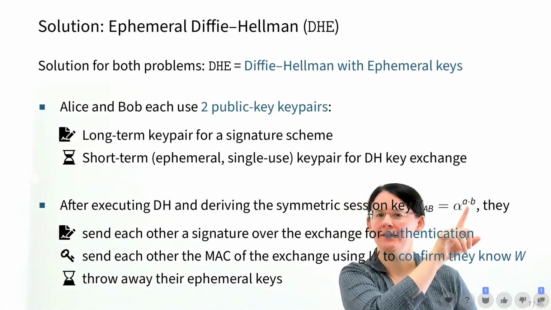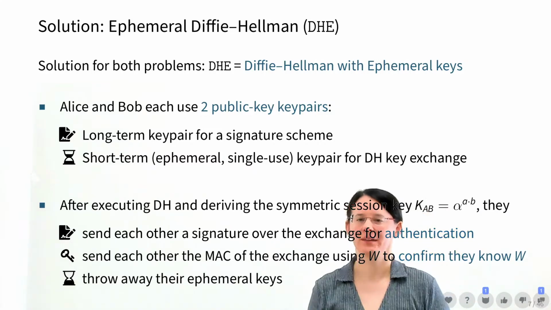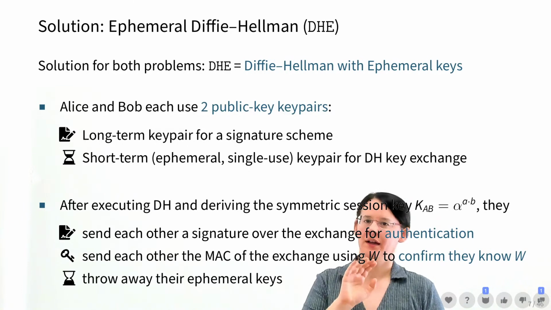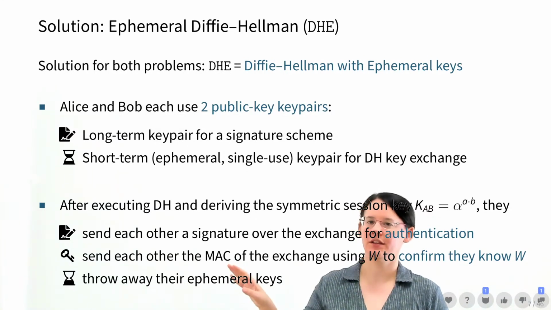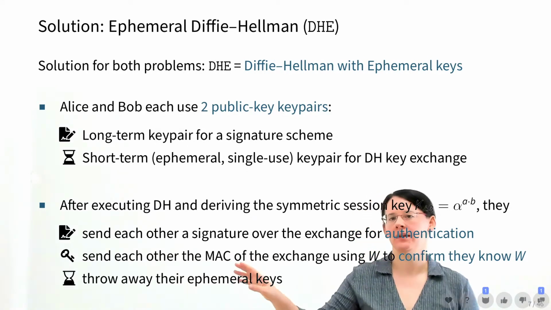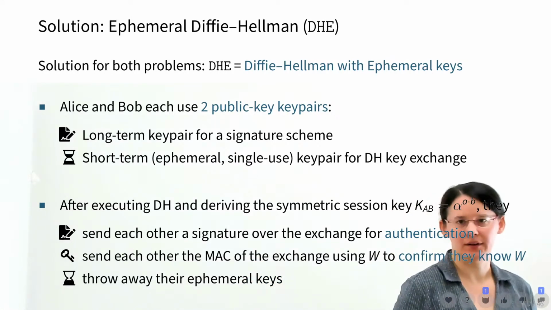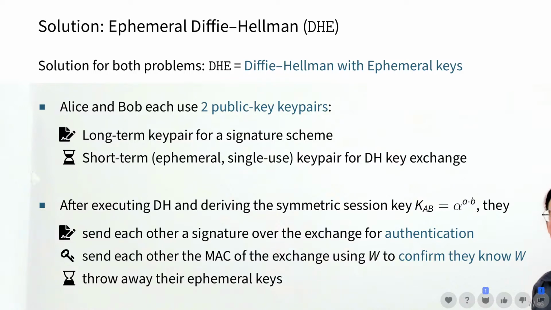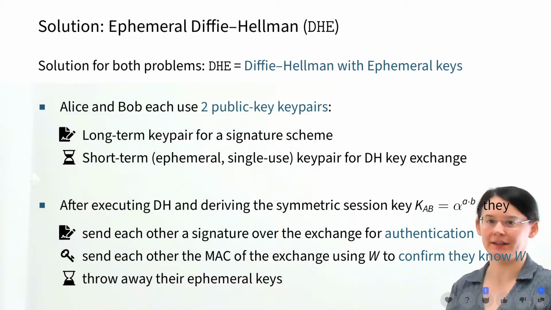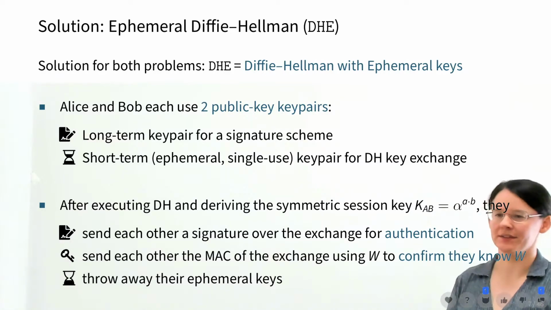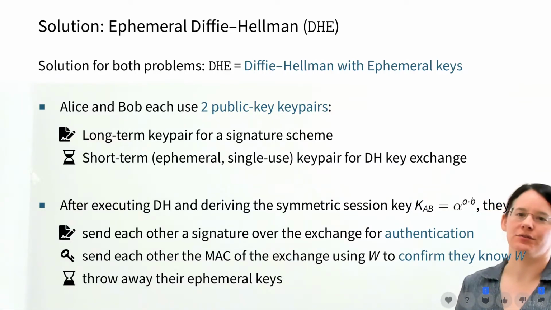I should maybe write that in the text here, that this is called W. So they use this session key W, and immediately send each other the MAC of some message in order to confirm that they actually know W. This is called key confirmation, and it's a security property in its own right, to make sure that they both actually have agreed on the same key. It's like a sort of safety mechanism.